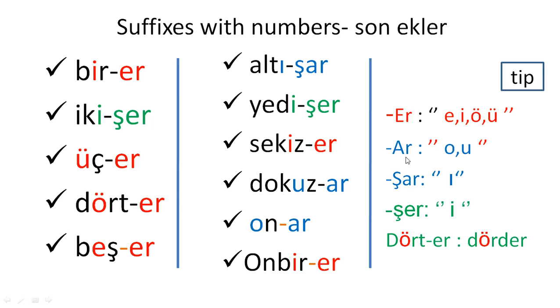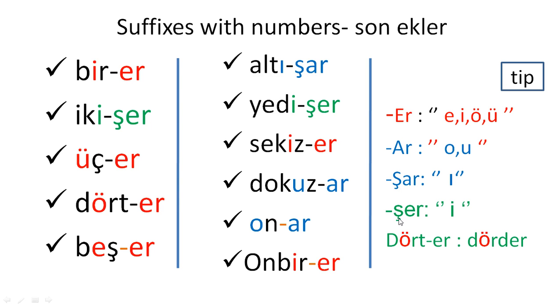If it finishes with O or U, then I put ar. As you can see in the examples, I put different colors on the suffixes to help you see the differences. And use şar if the word finishes with the vowel ı. For example, altışar.